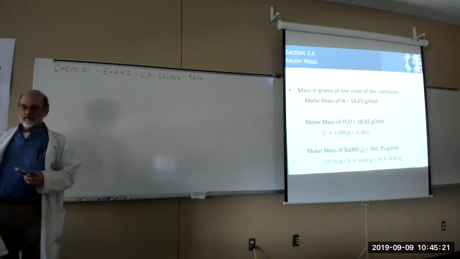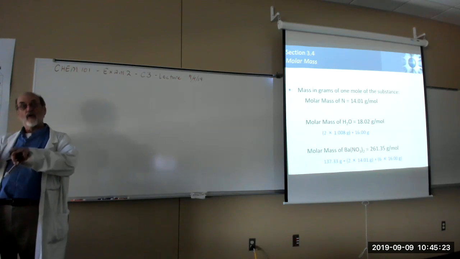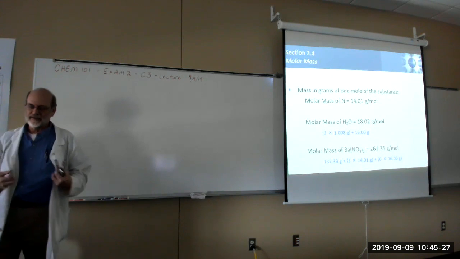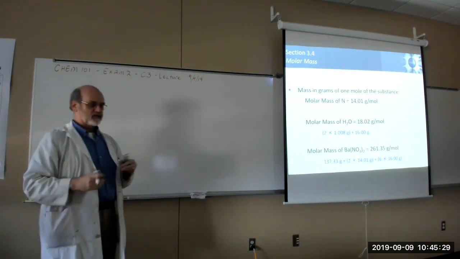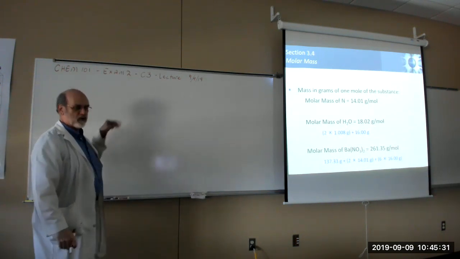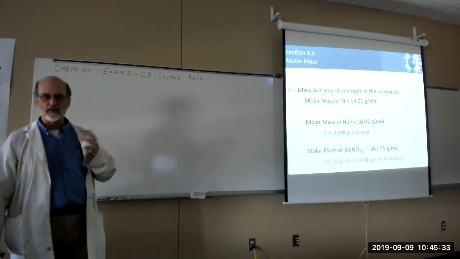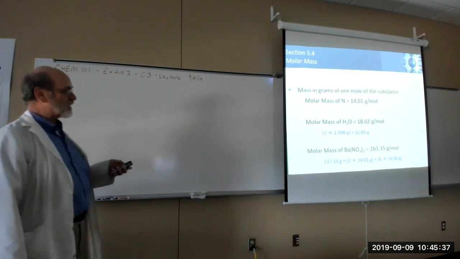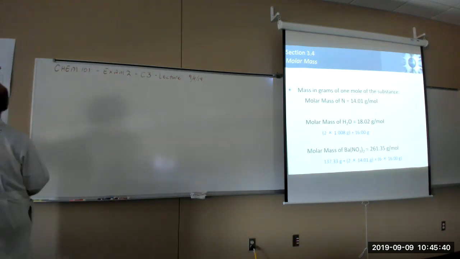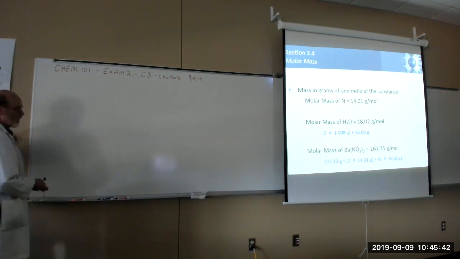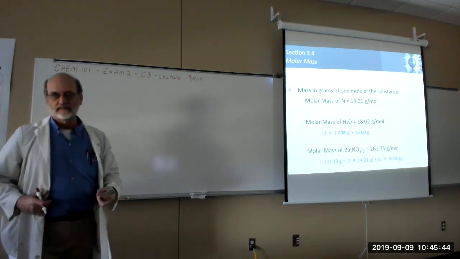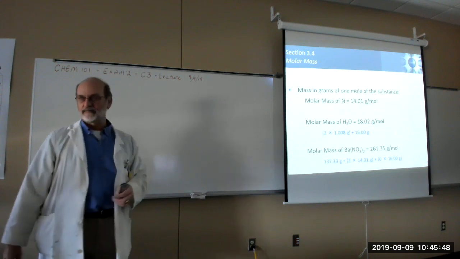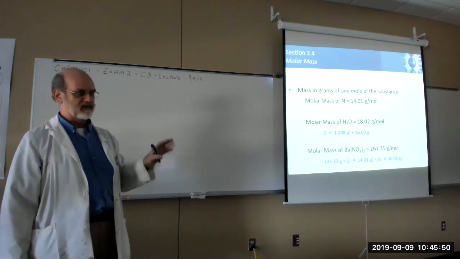And when we get to calculating the weight of a mole of molecules, I may say molecular weight instead of molar mass, but I'll try to give you both at the same time so I won't be confusing anybody. Molar mass of nitrogen is 14.01, rounded off to 2 decimal places. If you round it off to 2 decimals, you'll be fine.